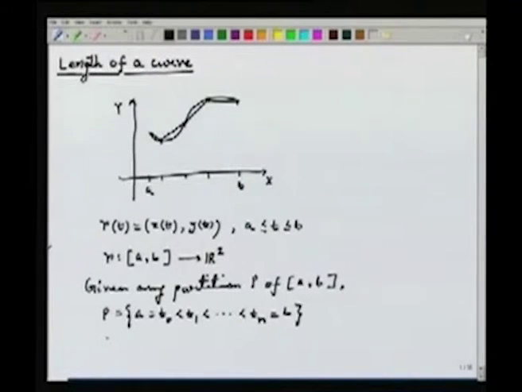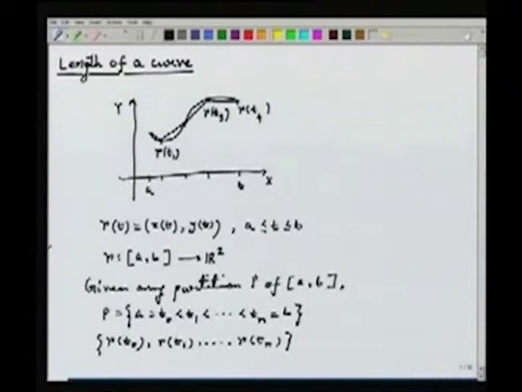So the corresponding points are r(t0), r(t1), up to r(tn). These are points on the curve which I have drawn in the above picture. For example, this point is r(t1), this point is r(t3), and the last point is r(t4), and so on. Whatever partition I take, I get these points and then I calculate the corresponding lengths.